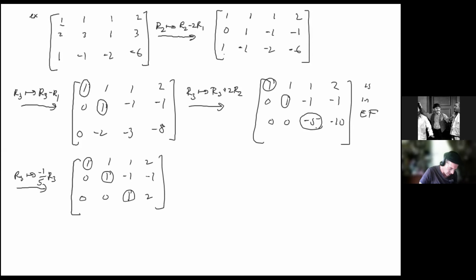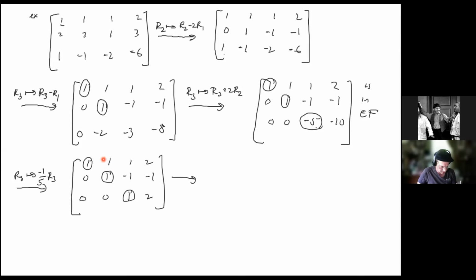We're not done because the entries above the pivot locations are non-zero. We have to apply 3 more operations to get rid of the entries above the pivots. So the first step is to get rid of the entry above the second pivot, which is a 1. And you can see this one here. I'm using my magic wand to indicate the 1.